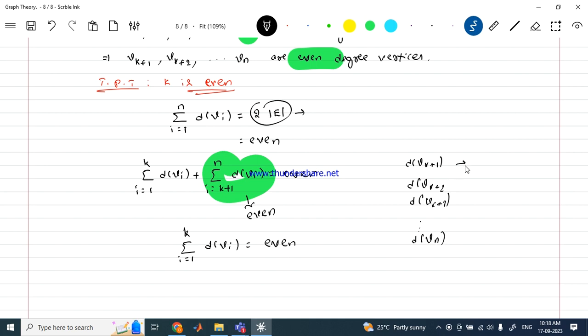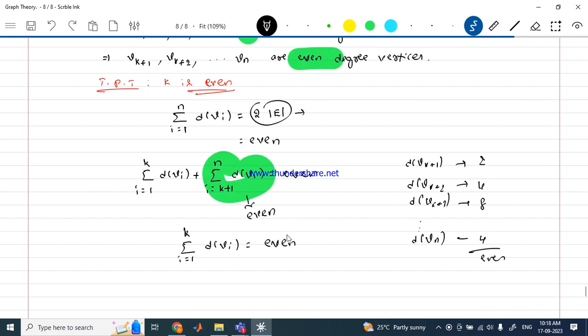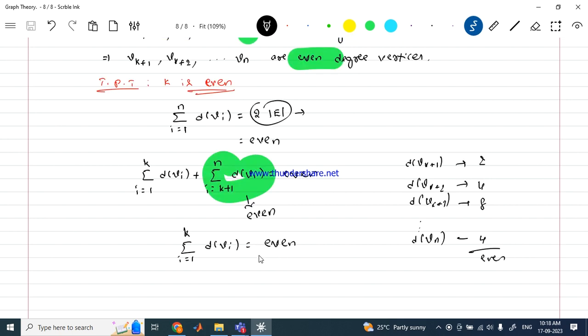These are all even numbers. This may be 2, this may be 4, this may be 8, this may be 4 again. If I am adding these even numbers, I am supposed to end up with an even number. That is what I am telling. This summation gives us an even number, and this RHS is even, and definitely this number is bigger than this number. When I subtract this one, it is an even number. It need not be a negative even number. It will be a positive even number.